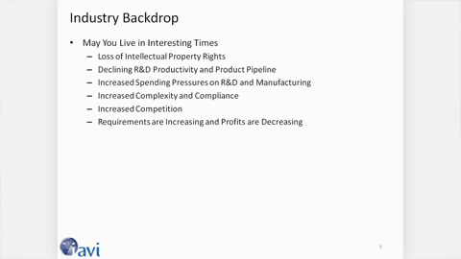We see increased spending pressures on R&D and manufacturing. Again, you've all heard it. We've got to get costs low. We have to get productivity up. And usually there aren't a lot of solutions there. It's just get it done. We have increased complexity and compliance.